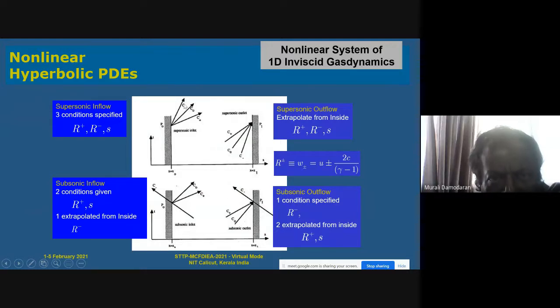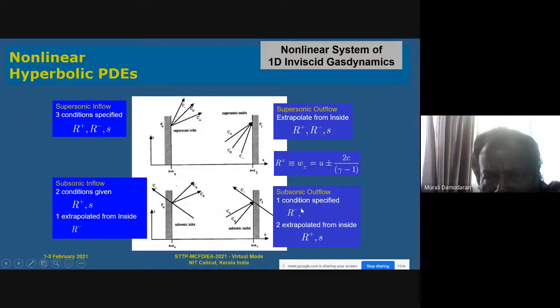So if I have a supersonic inlet, then I will specify all the 3 conditions at the inlet. It depends on whatever conditions there, you use that to calculate whatever. And at the supersonic outlet, you extrapolate the values of the flow variables from inside. For subsonic outlet, you have 2 conditions given by R plus and S, and one has to be extrapolated from the inside because you do not want some wrong value to be specified there.